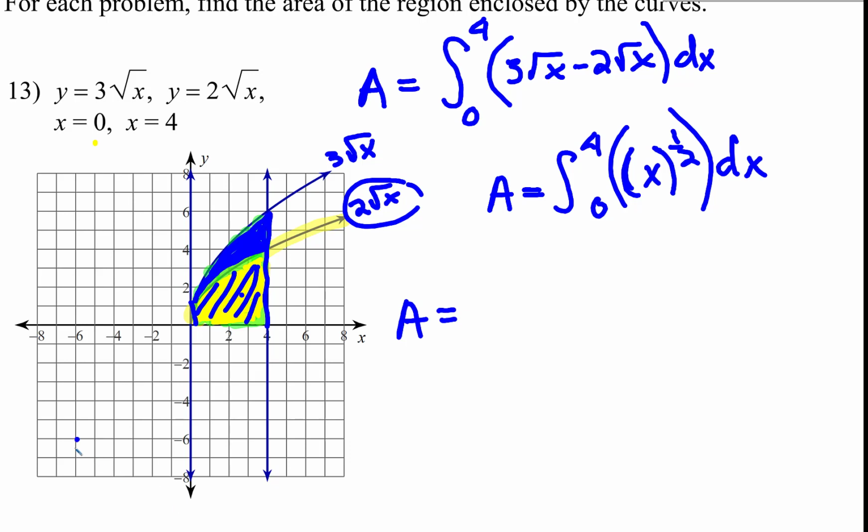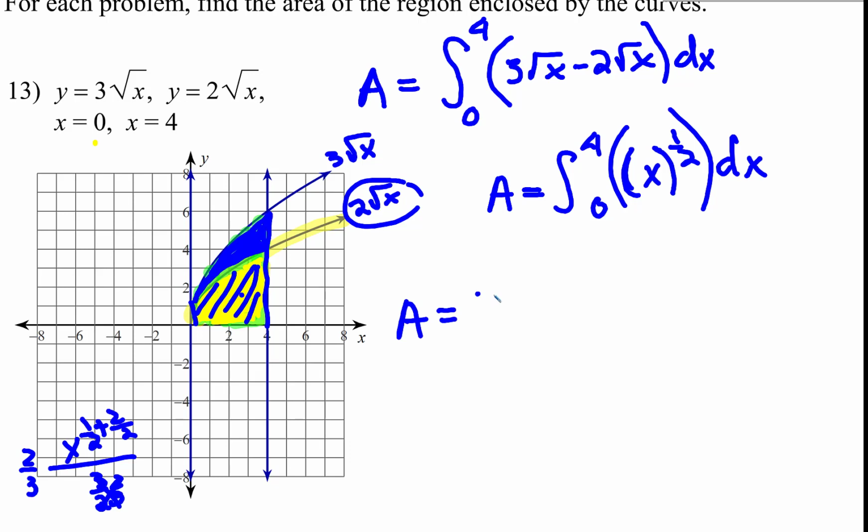So x to the 1/2 plus 2/2 is 3/2. But we're going to multiply top and bottom by the reciprocal, so 2/3. So maybe memorize this one. The integral of x to the 1/2, or the square root of x, is 2/3 x to the 3/2.